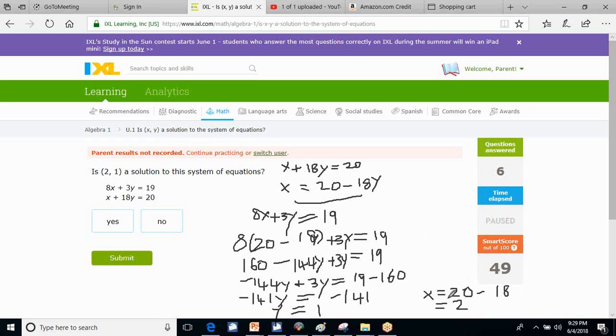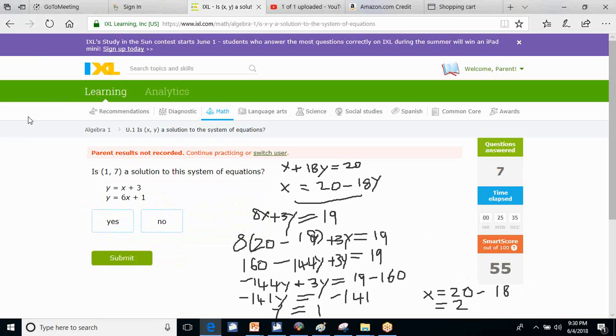So this is a solution of the equation. There's no simpler way to do it.